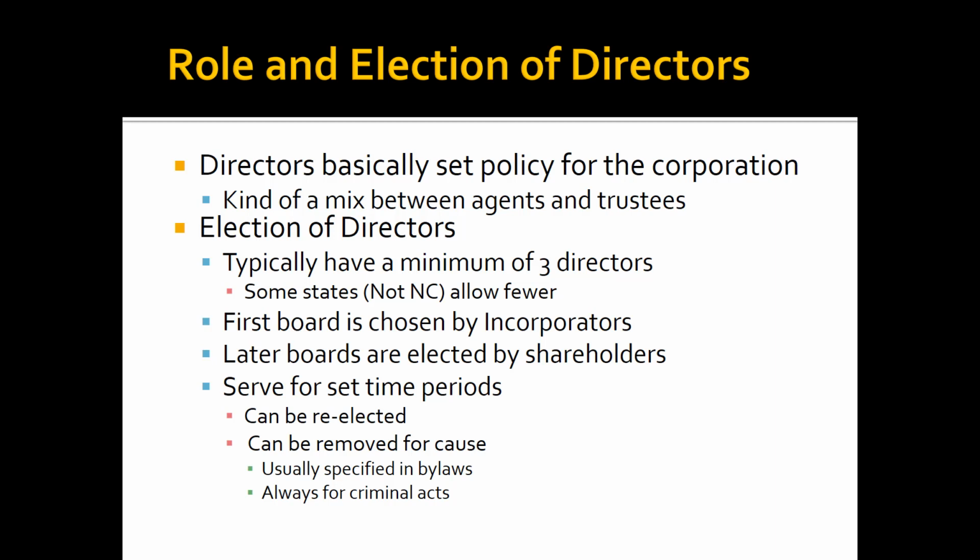Usually these are staggered time periods, so let's suppose you have 3 people on a board. One person will serve for 2 years, and then the year that his election's not up, another person will run, and then the third one will be in the cycle too. So you're never going to elect usually the whole board at once, except in extraordinary circumstances.